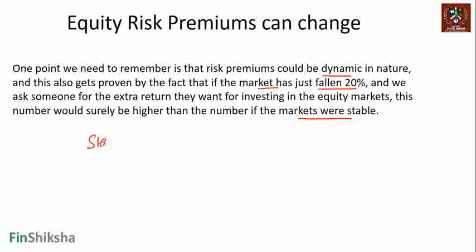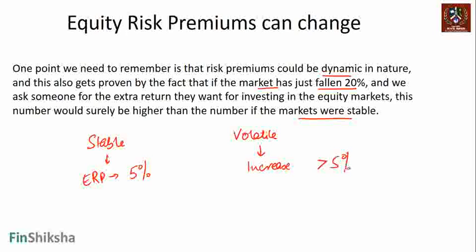So if you ask in stable markets, and someone says, I want a 5% extra return for investing in equities, in volatile markets this number is going to increase. This number is almost always going to be greater than 5%. So risk premiums could change, and in a way they are reflective of the current market condition. Are they stable or are they volatile, right?